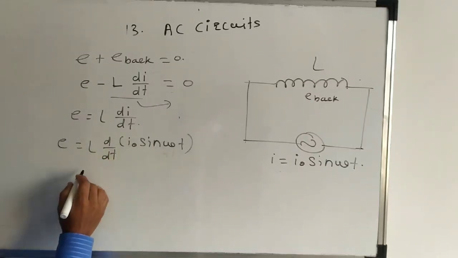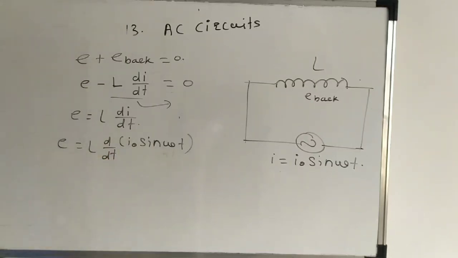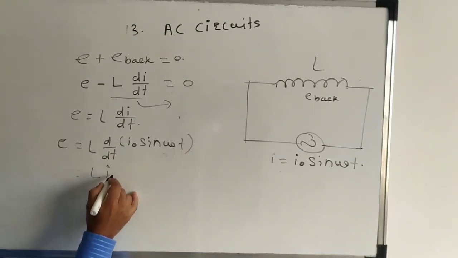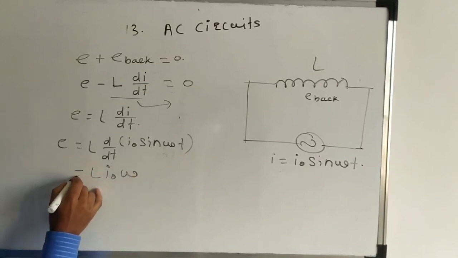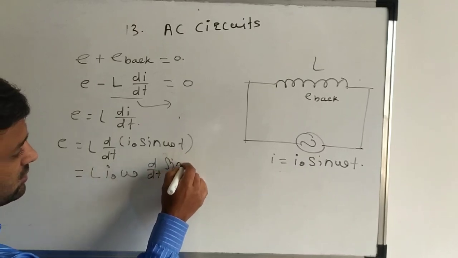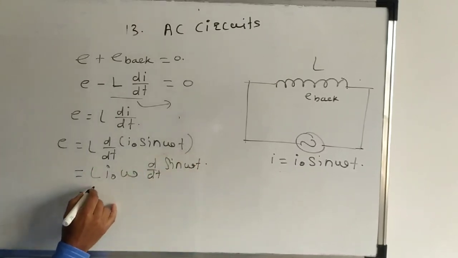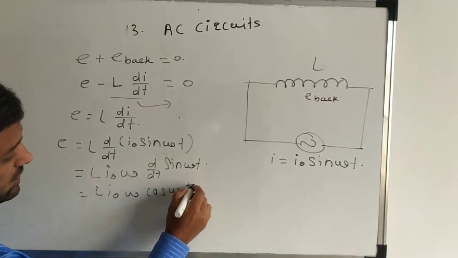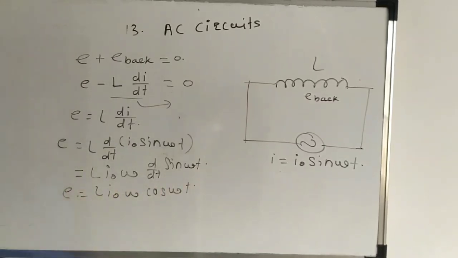Omega is constant, so we can take omega outside, as well as I naught. L, I naught and omega are the constant terms. Then what is the derivative of sine omega t? It is cos omega t. This is the value of induced EMF in this case.